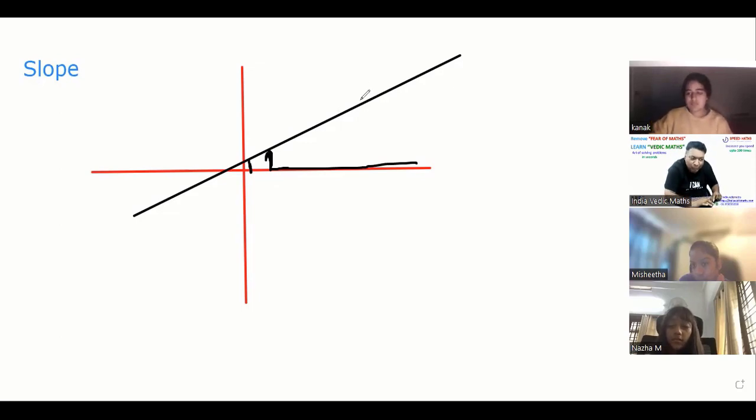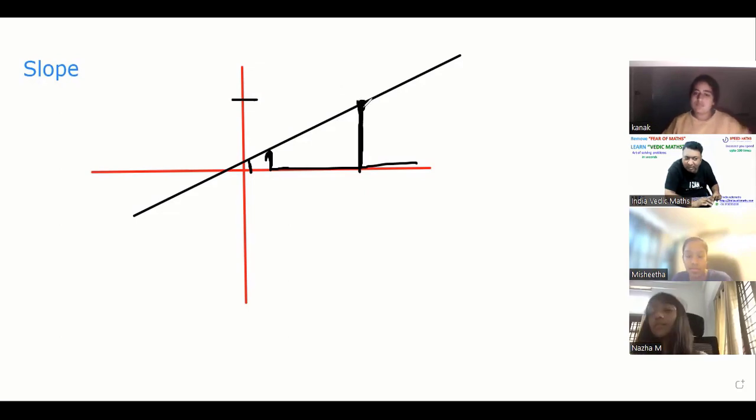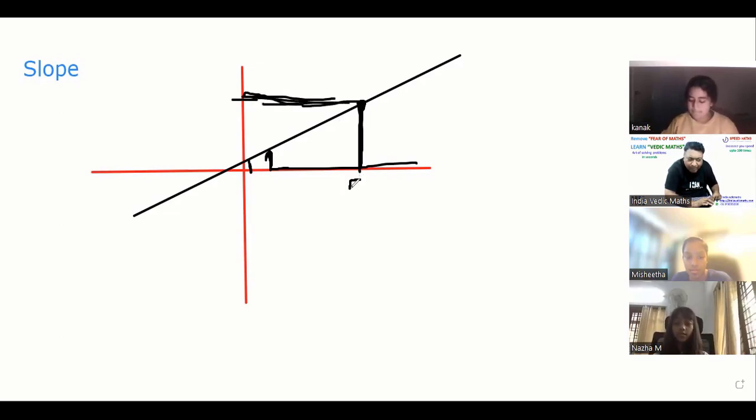Very easy. Suppose you take any one point on the line. Find out how much distance of y from here, meaning where this point lies on the y-axis. Suppose this is 5 and this is 3.